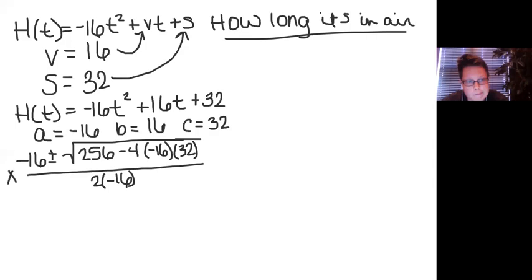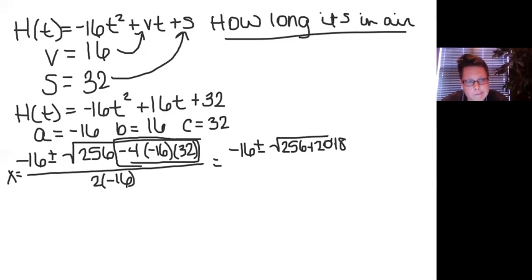And don't forget, we're looking for X. So this right here is what I want to do the math for first in my calculator. And I get 2,048. So I get negative 16 plus or minus the square root of 256 plus 2,048.